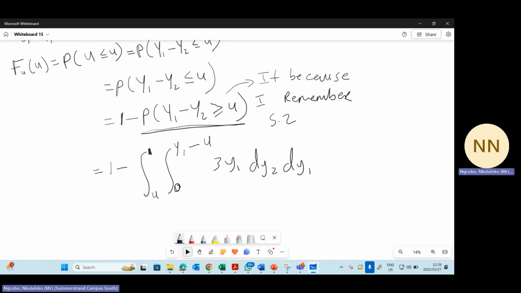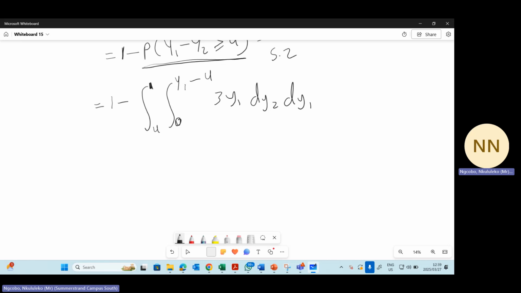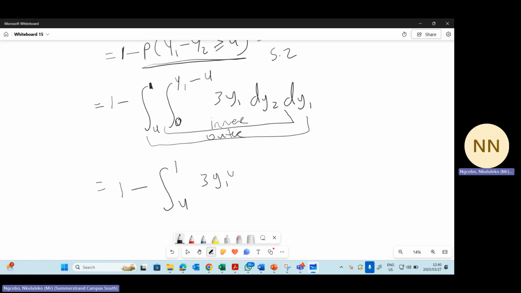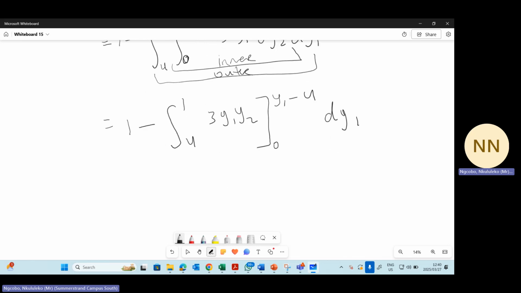u, 3y1 dy2 dy1, right? So if you look at this, you do the integration now. You start with the inner integration, then the outer integration. So this is inner, this is outer, right? How do you do that? You need to say 1 minus the integration from u to 1 of, so you're integrating the inner now, 3y1, y2, from 0 to y1 minus u, dy1, right?